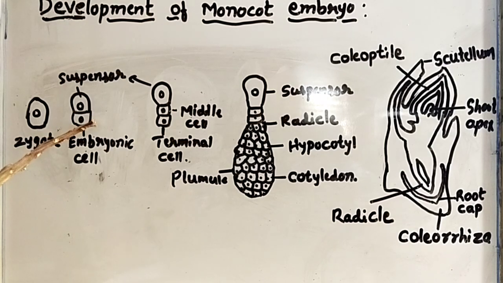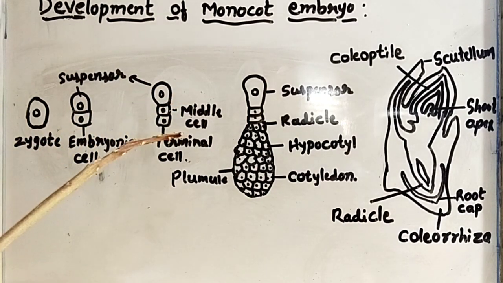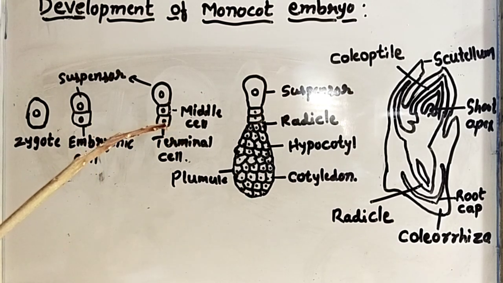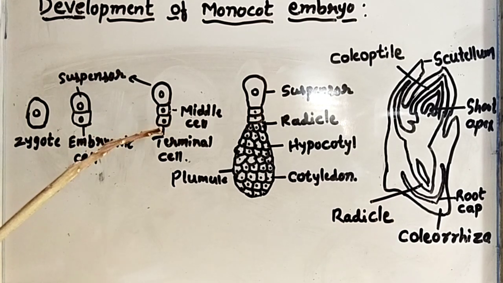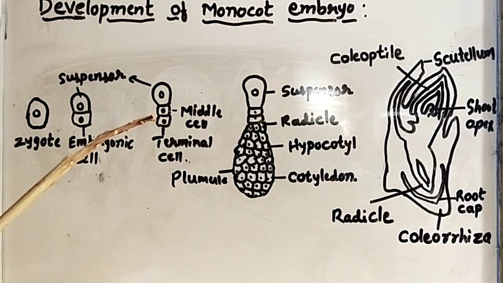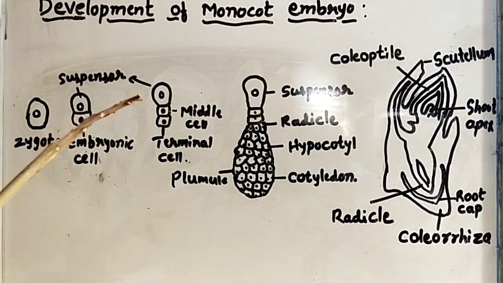So this is the middle cell and this is the terminal cell. This terminal cell undergoes continuous, repeated mitotic cell division and gives rise to a mass of cells.